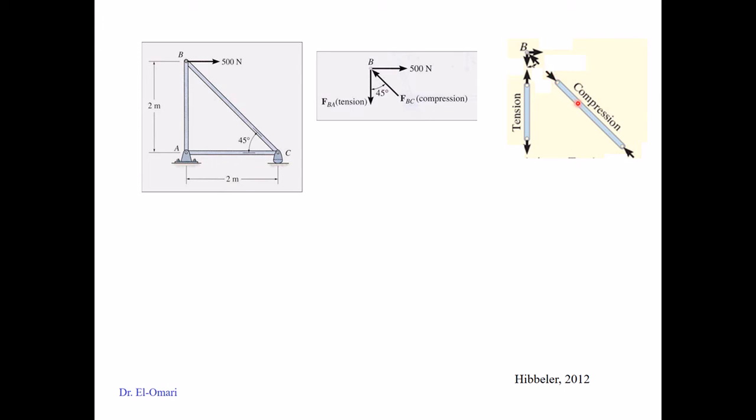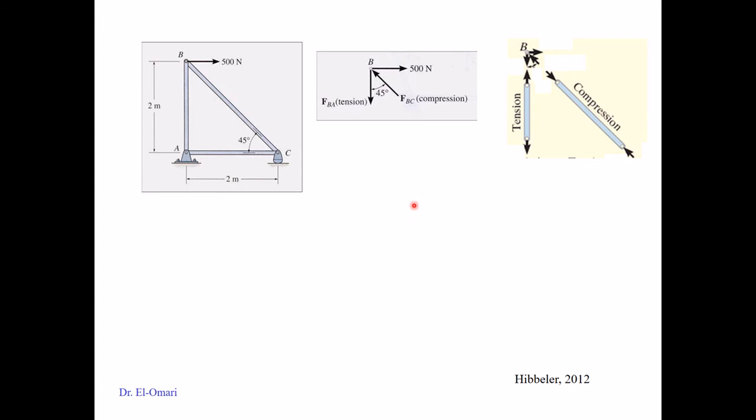If that member is under compression, this force will go towards the joint, and if it's under tension, then it will go out of the joint. So if the calculation shows that this force is going towards the joint, then we can say this is compression. If it's coming out of the joint, then this is tension.